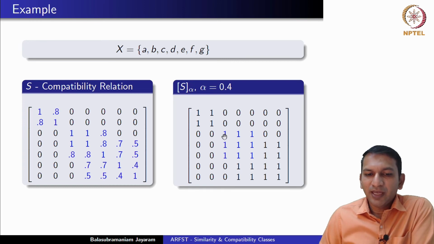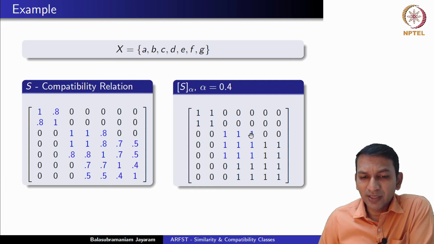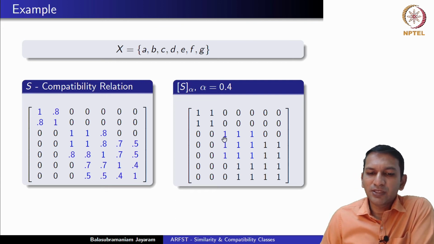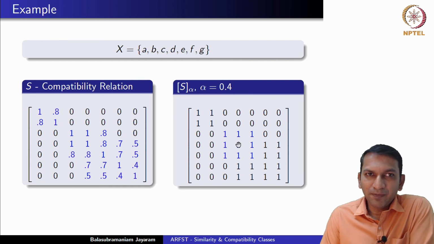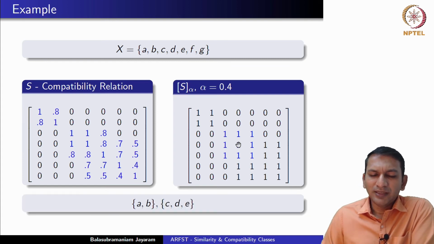Remember, if C is related to D and D is related to E, then we want that C also should be related to E. Any pair of elements that you take from this set will be related to each other at least to the degree of 0.4. So this again forms a similarity class, or a compatibility class in this case.